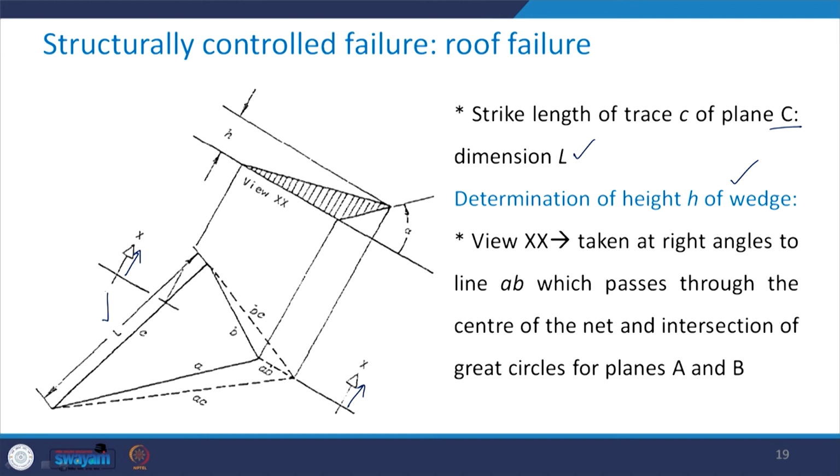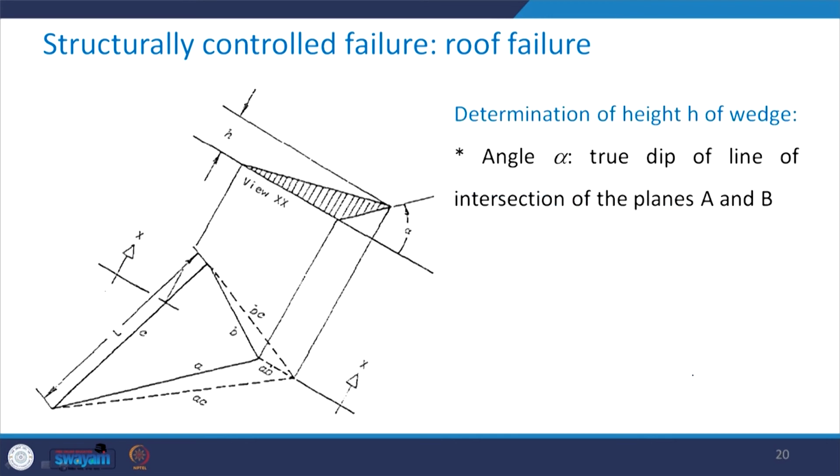Obviously, this has to be taken at right angles to line AB, which passes through the center of the net and is the intersection of great circles for planes A and B. And then you can get the angle alpha, which is the true dip of the line of intersection of the planes A and B. This you have to obtain using the stereographic projection, and then plot it here in this particular manner, and this is how you have to just use your engineering graphics principles and then complete this construction in order to get the height of the wedge.